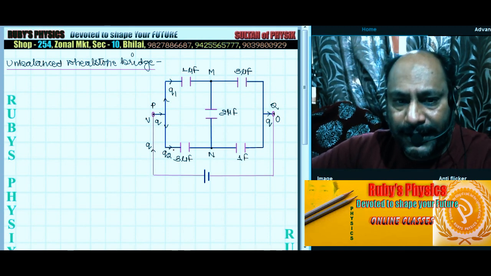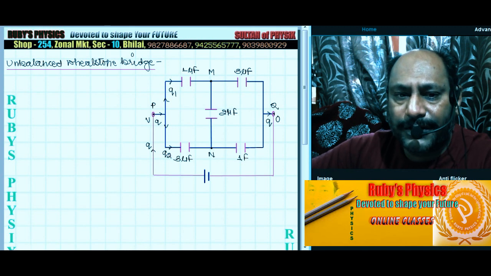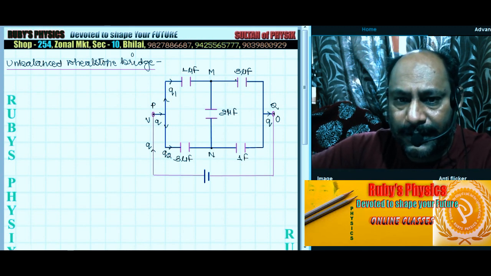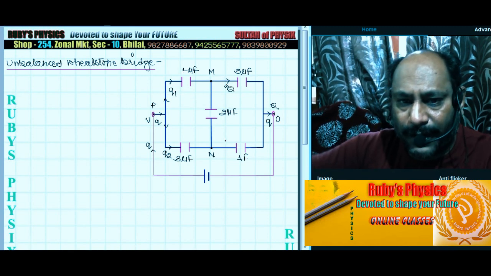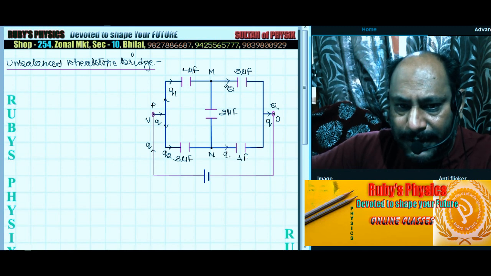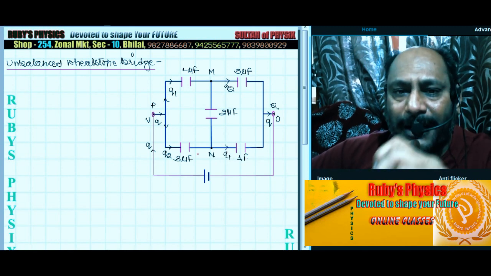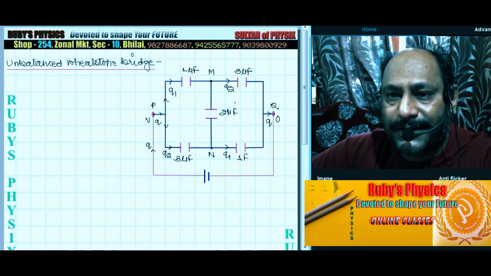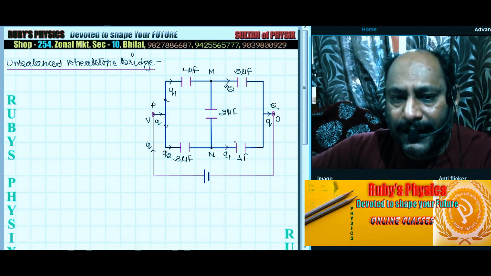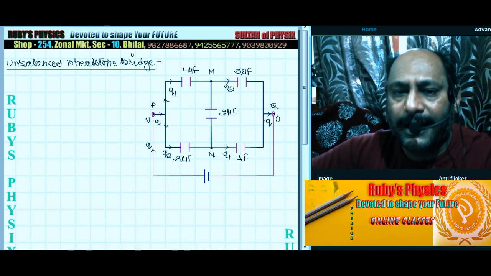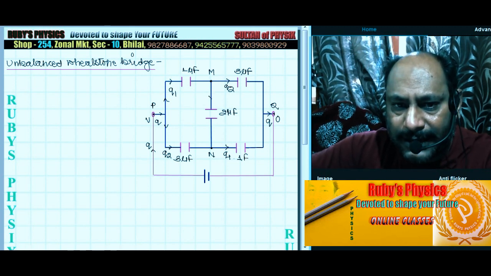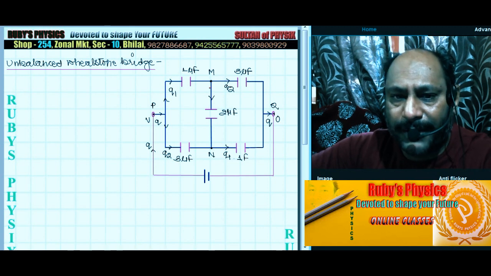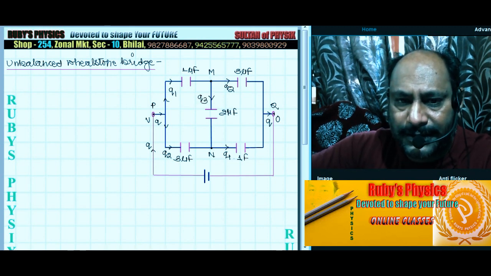Hence from 3 microfarad the charge flown is Q2, so here it must be Q2, and from 1 microfarad it is Q1, so here it must be Q1. This is the benefit of dividing charge like this. Clear? And this Q2 and Q1 will again add and we get Q. Let me take a charge which is coming here. Let the charge be Q3.